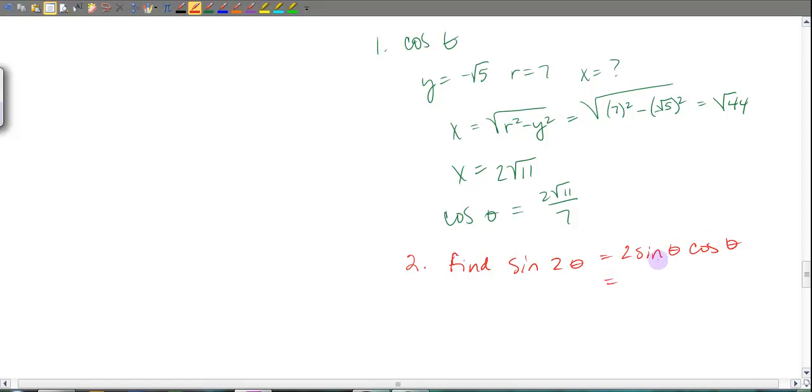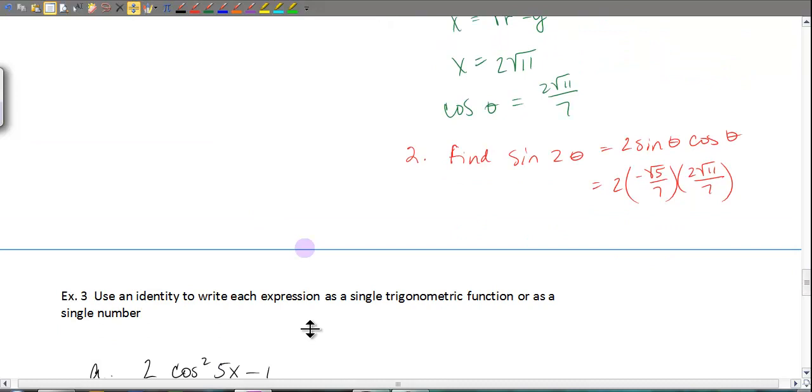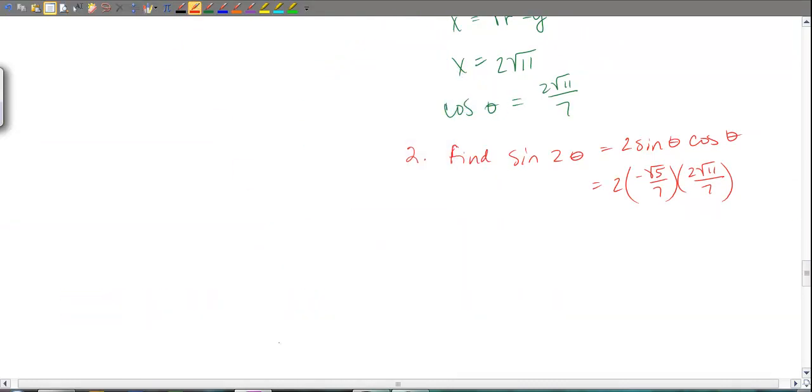So sine theta, we already said that was negative square root of 5 over 7 times 2 times 2 square roots of 11 over 7. Okay? This one's not as easy to do. I don't think you can do this one in your calculator because of the radicals that are in the numerator. So instead you have to remember how to multiply fractions.